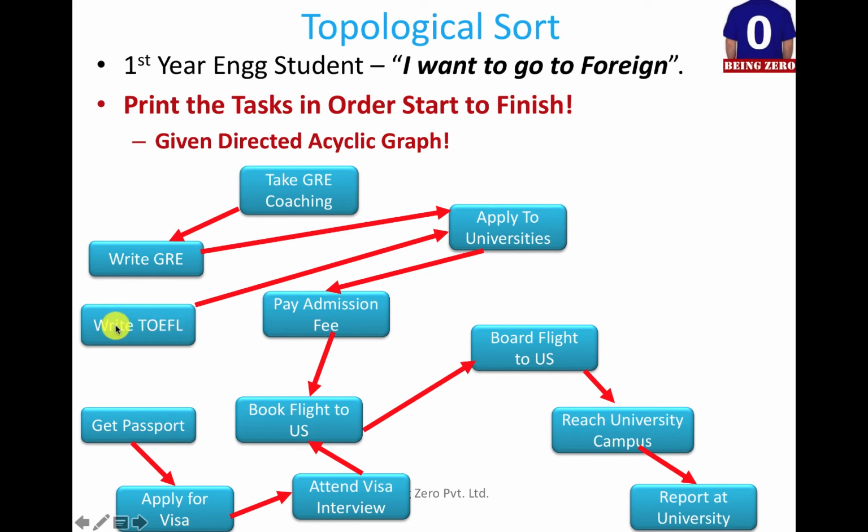So the first item can be either write TOEFL, or take GRE coaching, or get the passport, because the passport is not dependent on GRE coaching or writing the GRE exam. So basically, a topological sort of a graph can have many possible outputs. That's something to keep in mind. So this is the problem statement. Let's move on and learn what is topological sort. If the graph is given, how do we go about doing a topological sort?